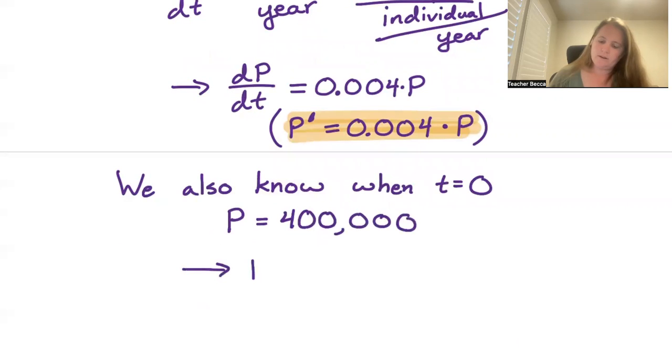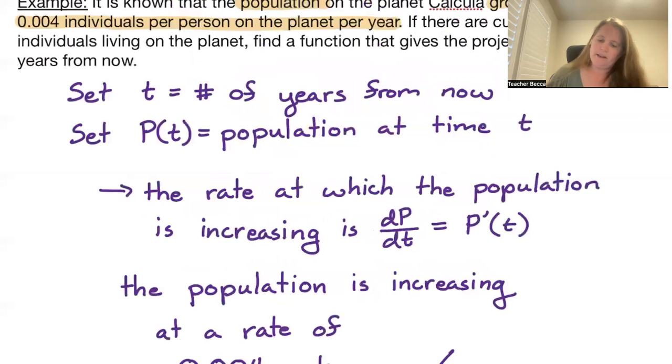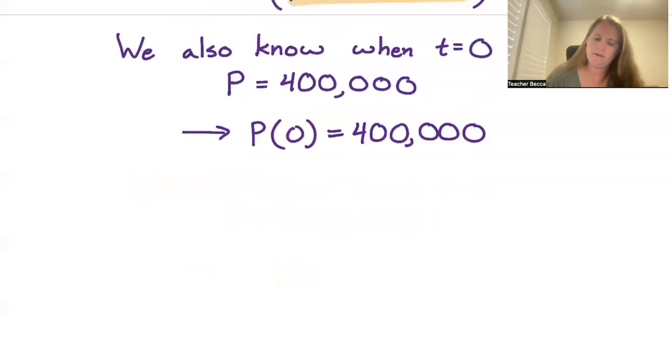So that essentially tells us that P of 0 is 400,000. So this is translating that next sentence: there are currently 400,000 individuals living on the planet. The population is 400,000. So that's what this next piece is.